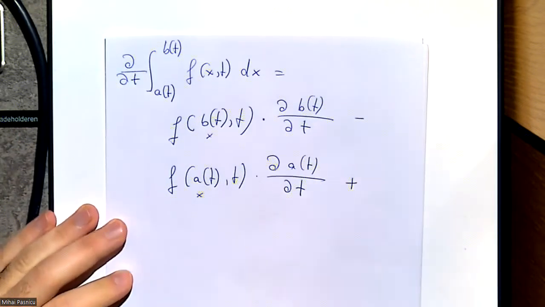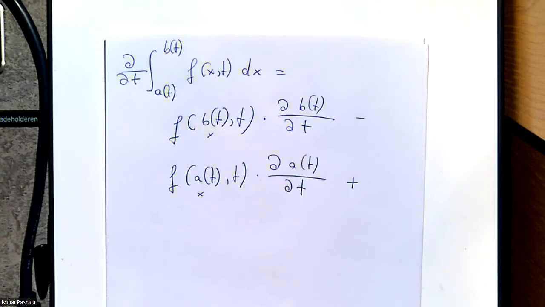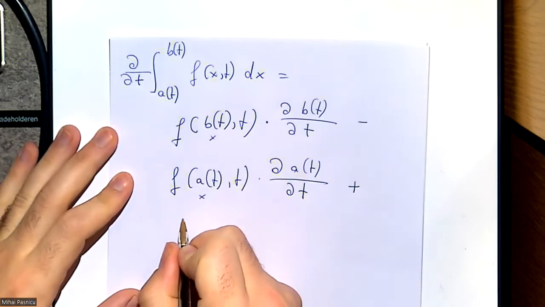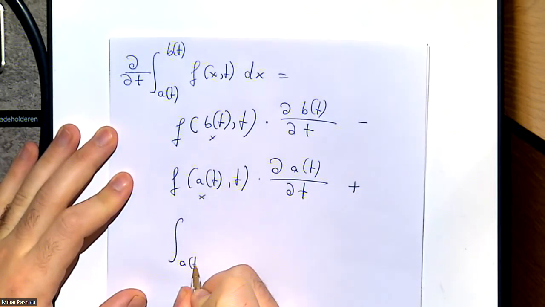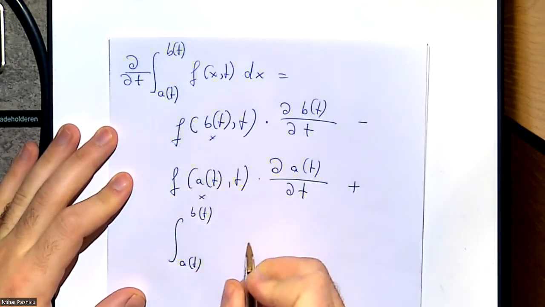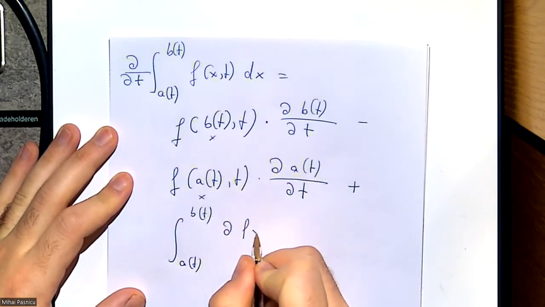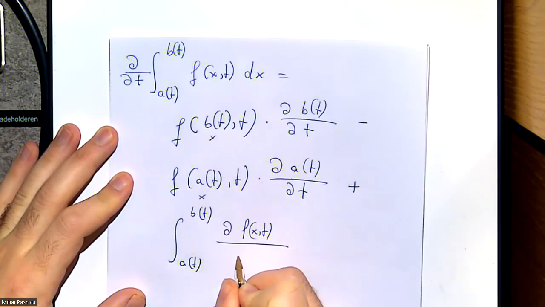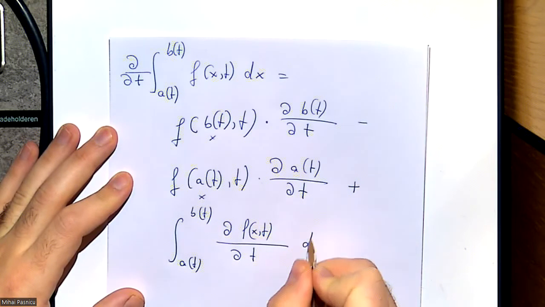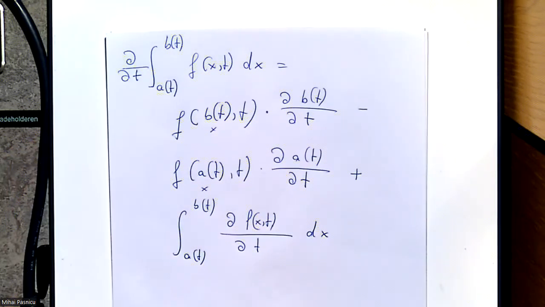And then plus you just add the naive derivative inside the integral. What do I mean by the naive derivation? The integral from a(t) to b(t) of the partial derivative of f(x, t) with respect to t, dx. I know it looks kind of ugly, but it's really not that hard to apply.